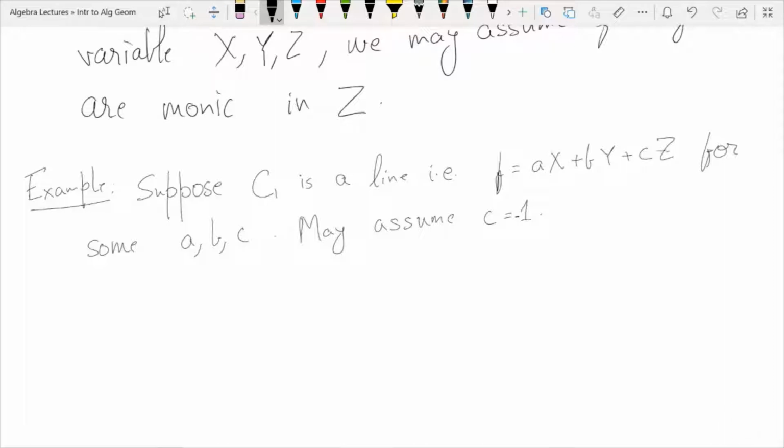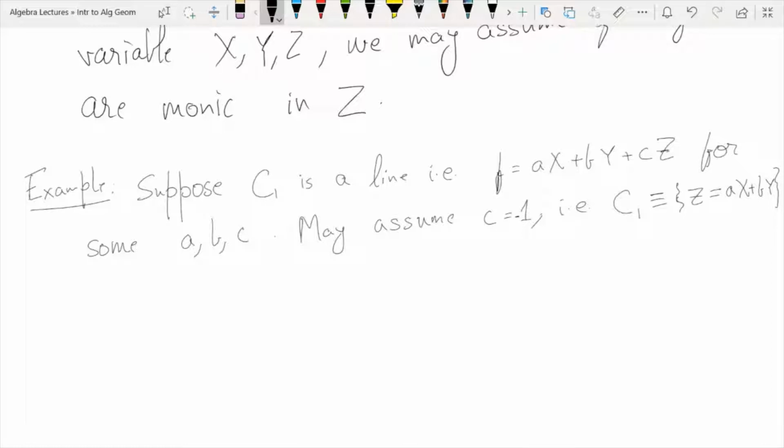So C1 corresponds to z equals ax plus by. In this case, this reduces to what I was saying about polynomials in one variable.